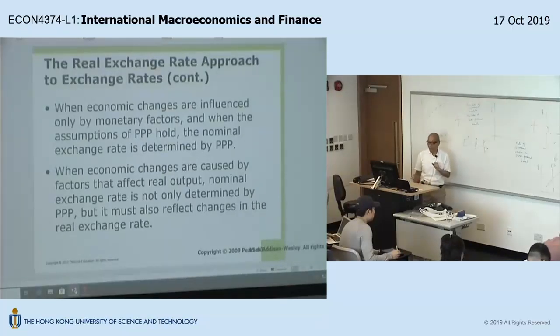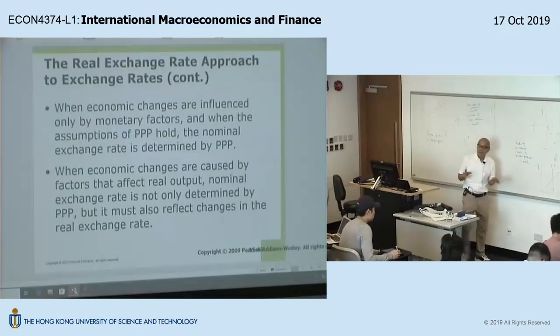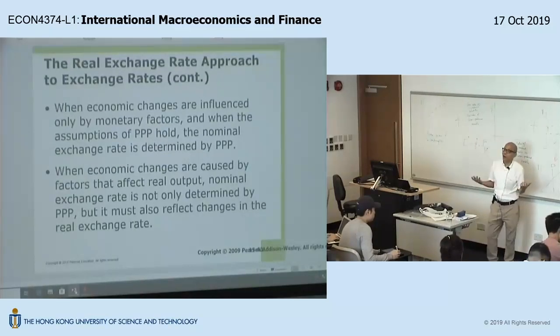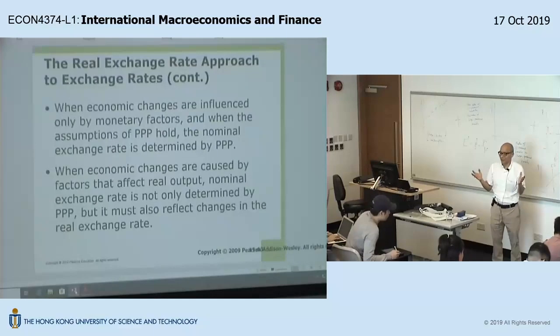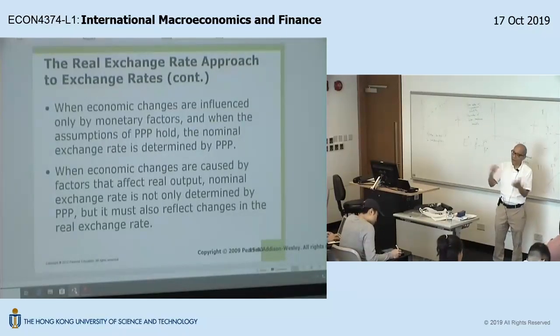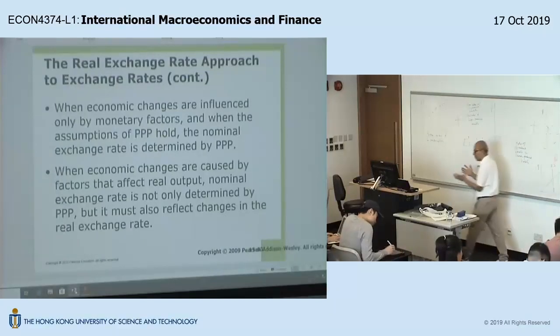In reality, over the long run, you cannot expect that there are only monetary changes. There are changes in the real side of the economy all the time. That's why you don't see PPP holding, because there are a lot of changes in the real side of the economy.